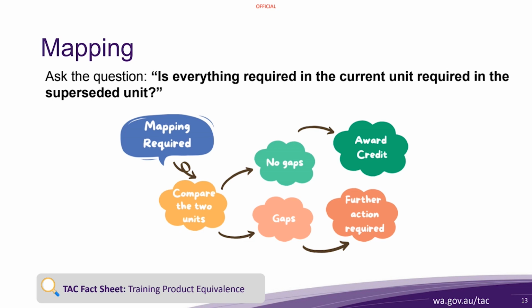That set of highlighted outcomes are the potential gaps, and in a moment or two we're going to have a look at how you might deal with those gaps.